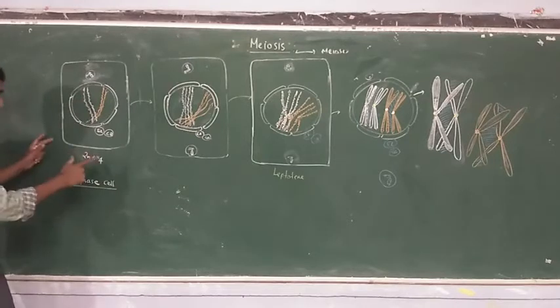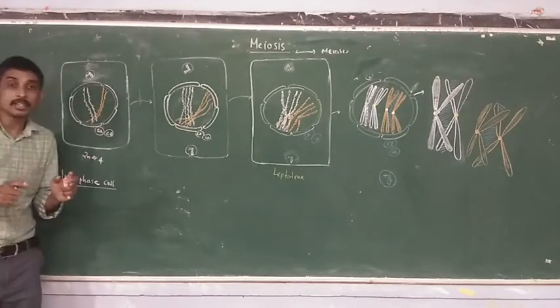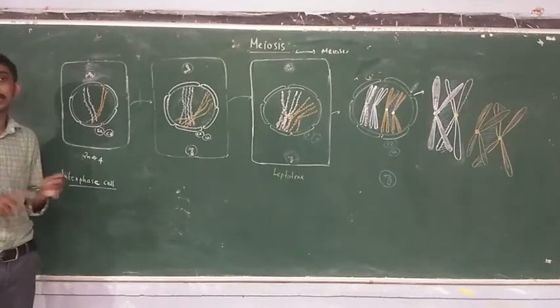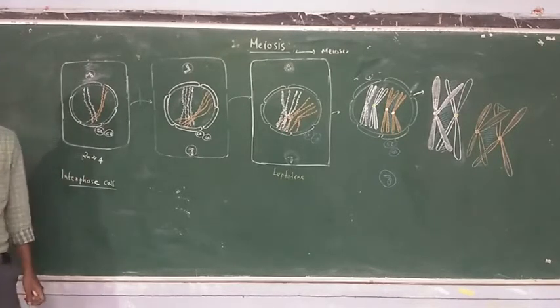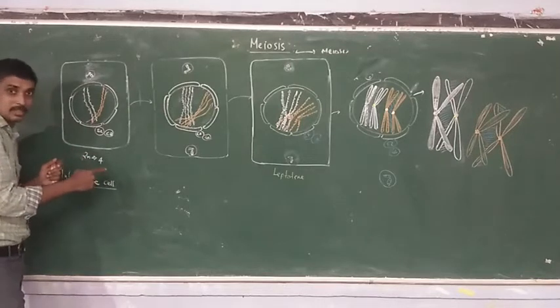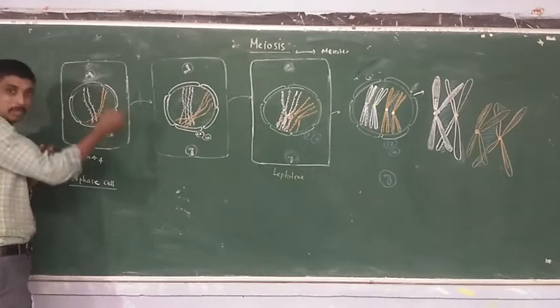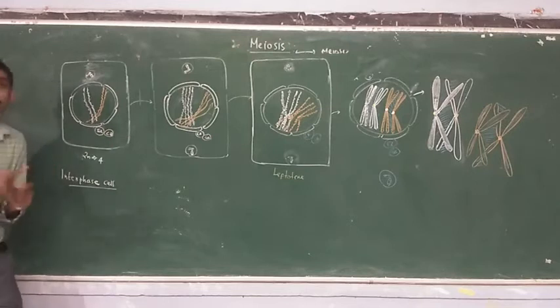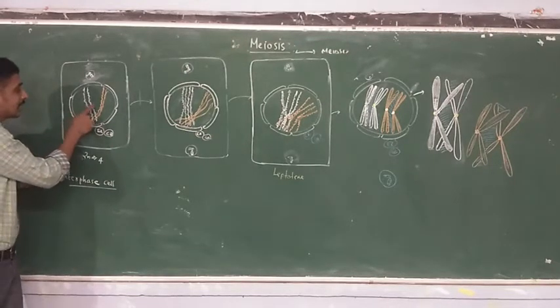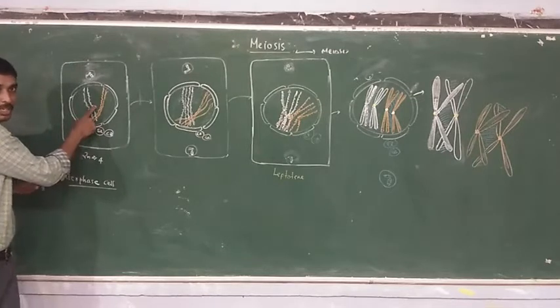This is the interphase cell, and we know that interphase contains three main phases, that is G1 phase, S phase, and G2 phase. When this cell is passing through the S phase, its DNA gets doubled. That is, DNA replication takes place. Due to DNA replication, this DNA and this DNA get doubled.